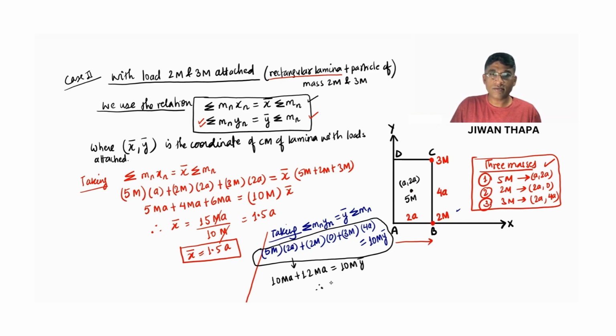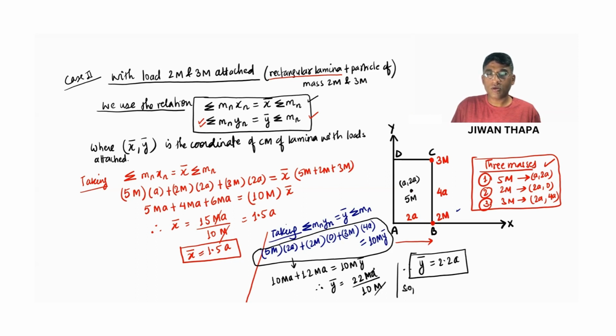Therefore, we can write the y coordinate of the center of mass of the uniform lamina, considering all the masses, equals 22ma divided by 10m. So the m cancels out. Therefore, the y coordinate of the center of mass is 2.2a.